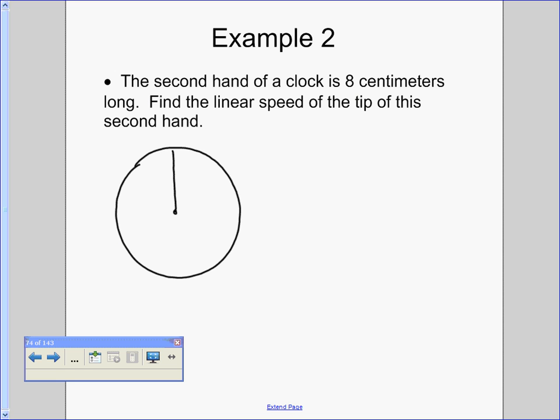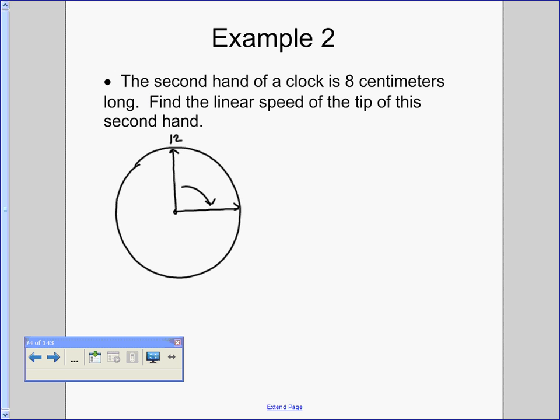So let's say this is my second hand here, and that of course is at the 12, and then we've got 1, 2, and let's just put it in standard position and say it's going from here to here. Of course it's moving clockwise, so it's a little different, but let's just think about the distance that it moves here.